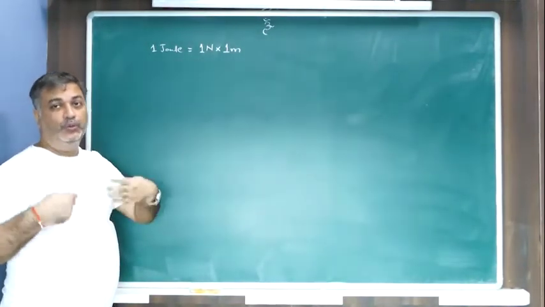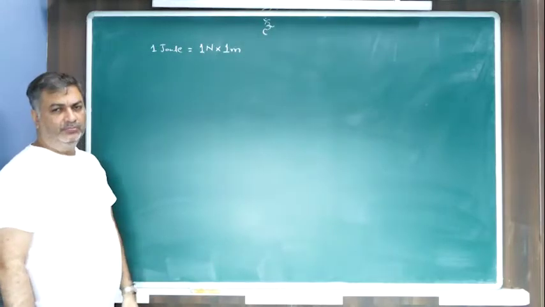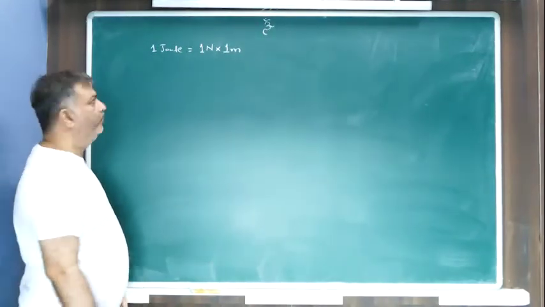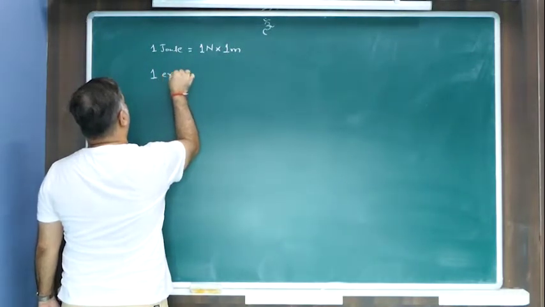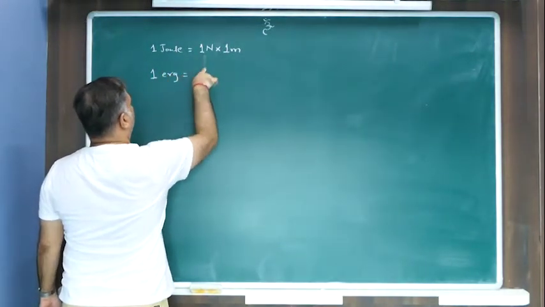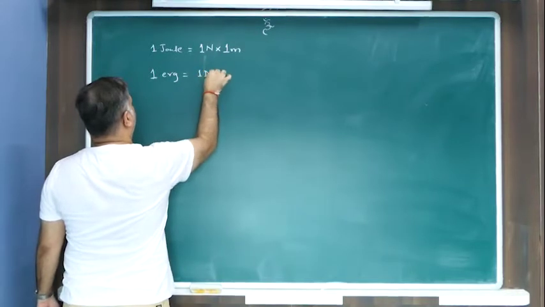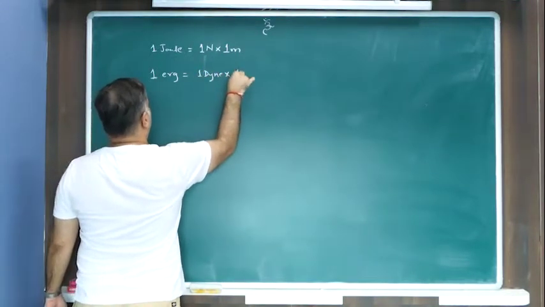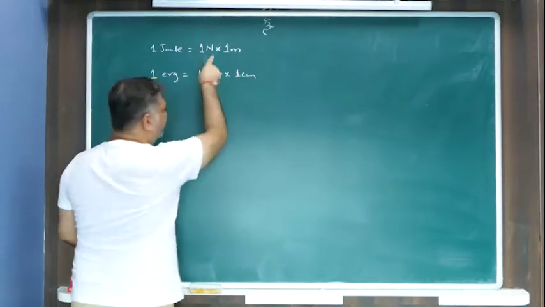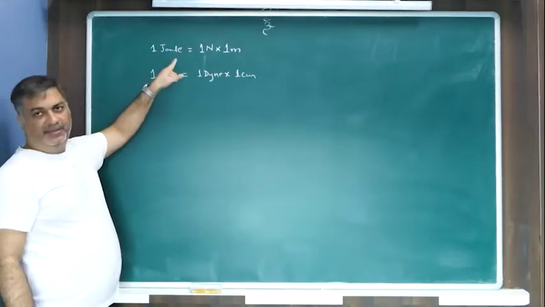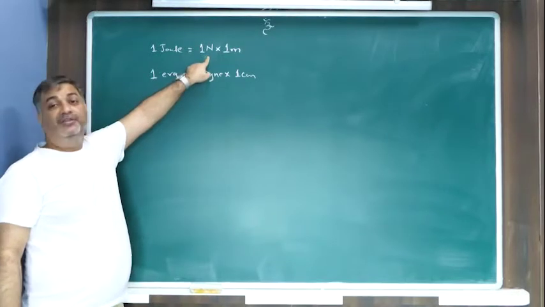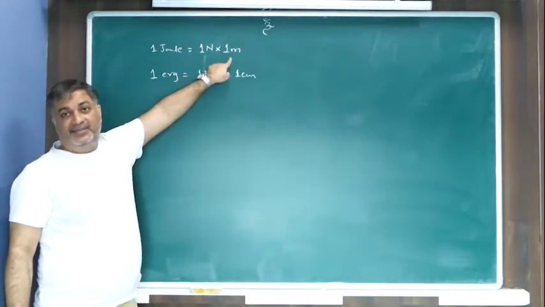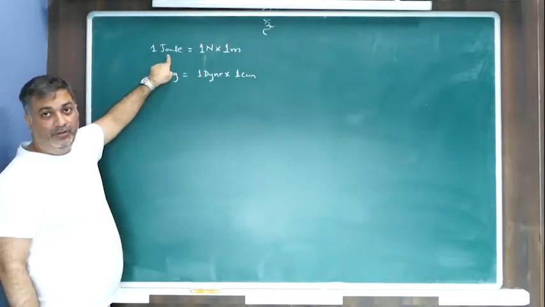We have to convert into CGS. In CGS, what will be work? 1 erg will be what? 1 dyne into 1 centimeter. Same way. Just like in SI system, 1 joule is 1 Newton into 1 meter. Why? Newton means SI unit, meter is SI unit, so work will also be SI unit.